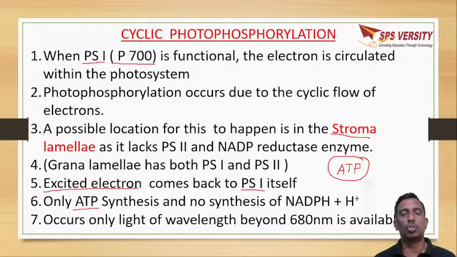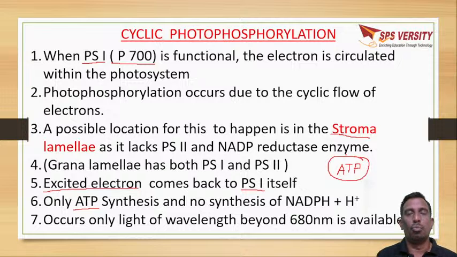And it occurs in stroma lamellae. And it occurs beyond 680 to 700 nanometers. Okay. So this is what happens in cyclic electron transport, which is associated with cyclic photophosphorylation. Finally, we get ATP.